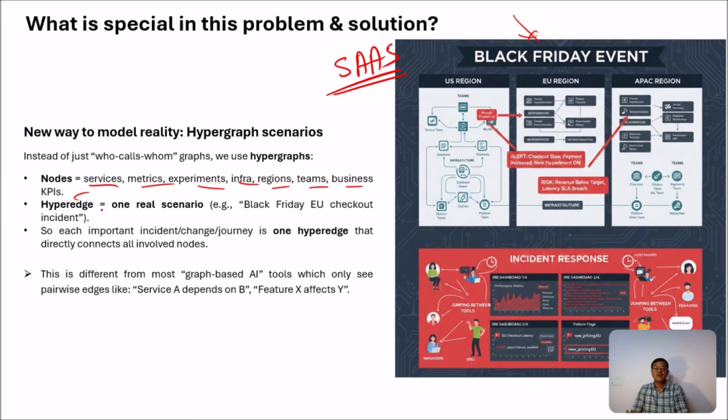Hyperedges. Here hyperedges will report the real scenario, the story. Like here I'm just explaining about Black Friday. So it may be like a Black Friday EU checkout incident, but it is not the case that it will report incidents only.